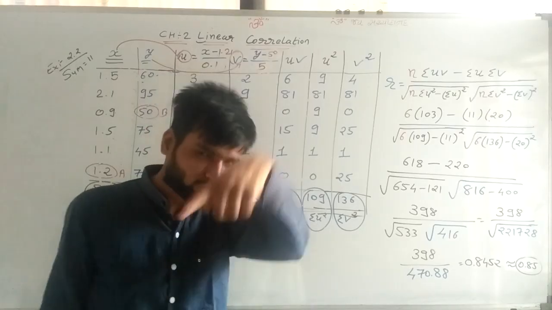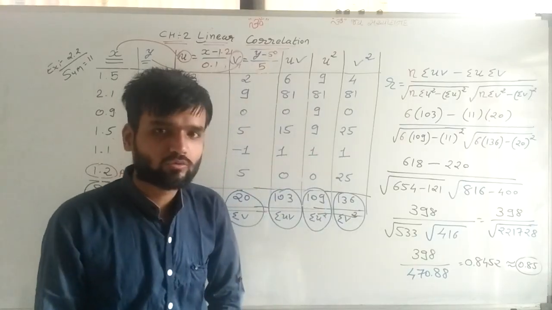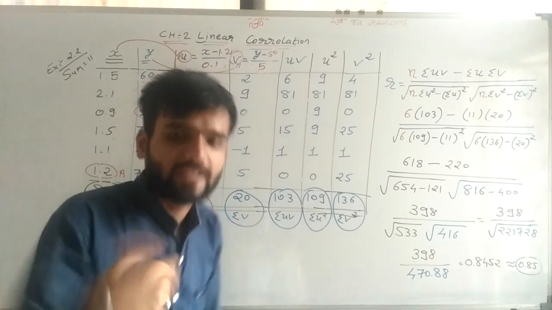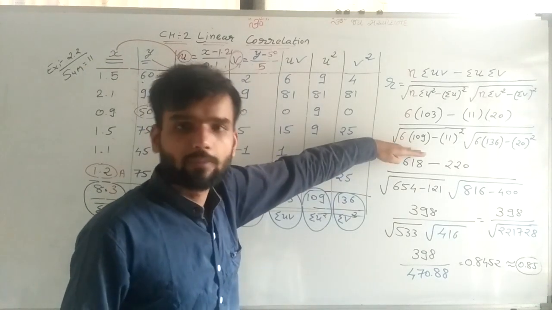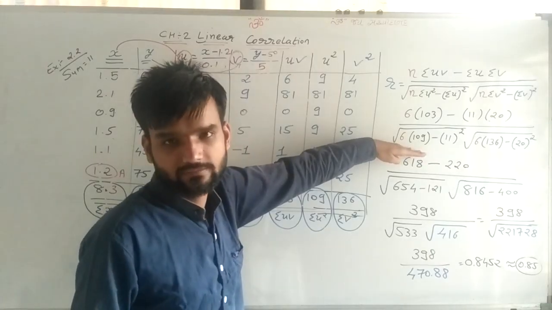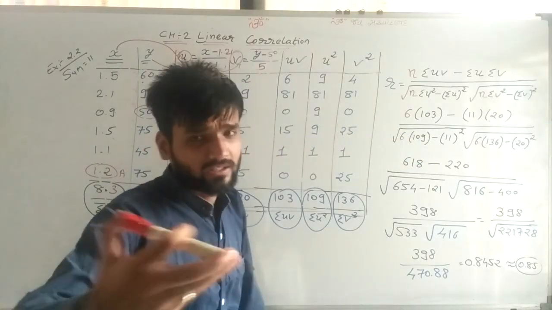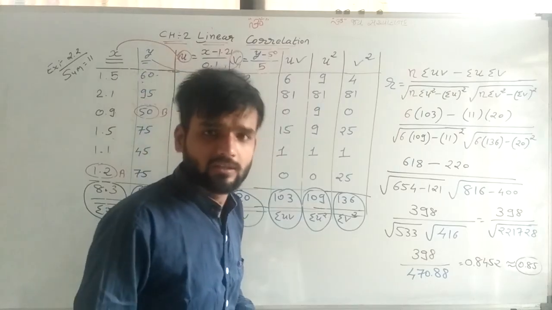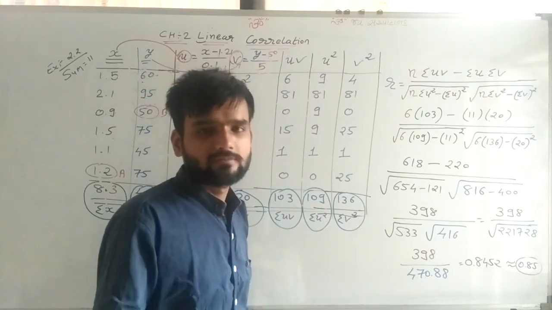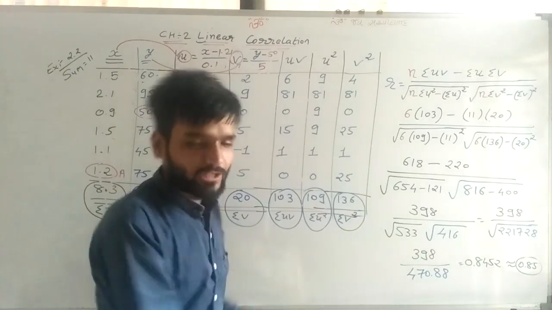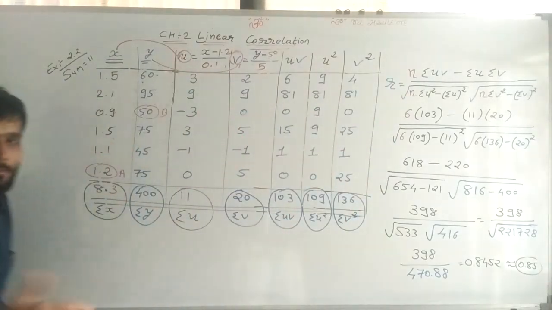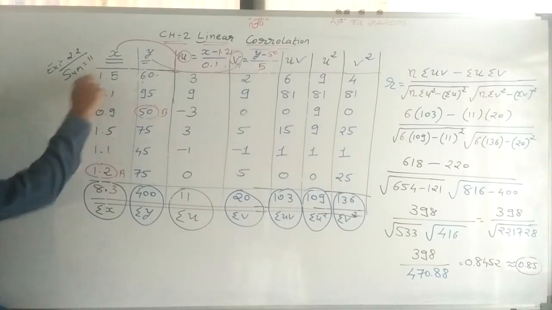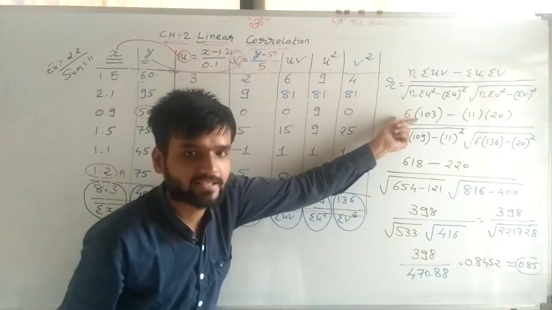I told you in the last lecture also, from the next lecture I will calculate only up to this point, and then the calculation will be done by you. But even today I am explaining the whole thing. Just try to understand. The number of observations is 1, 2, 3, 4, 5, 6. So n is 6.